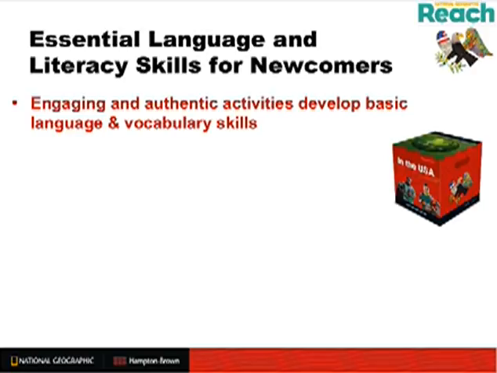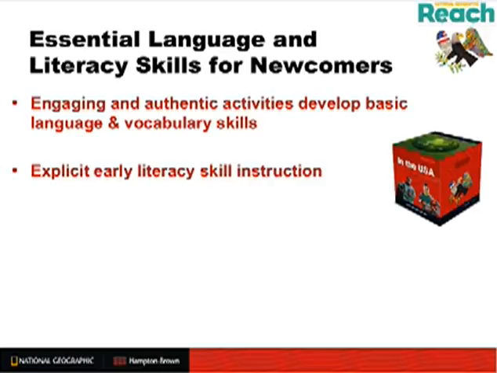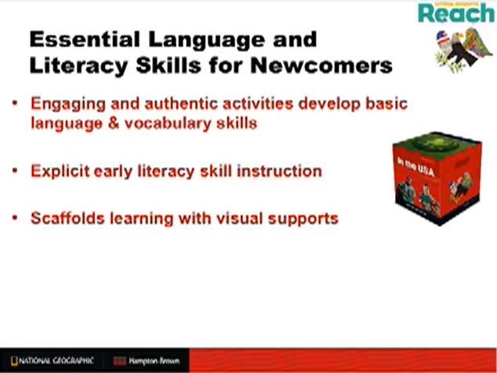In the U.S.A. delivers engaging and authentic activities that develop basic language and vocabulary skills for your students. It uses explicit early literacy skills instruction that is research-based. It provides many scaffolds and lots of visual support for your non-English speaking students.